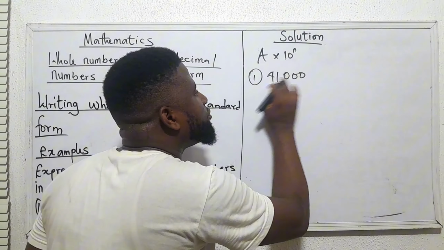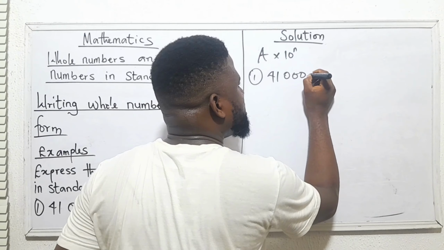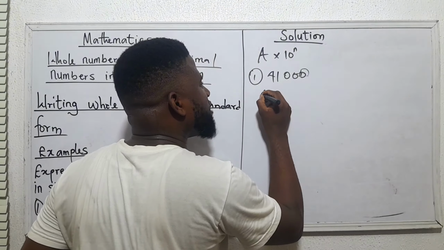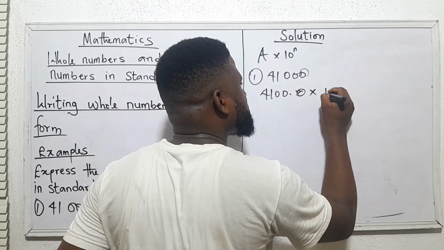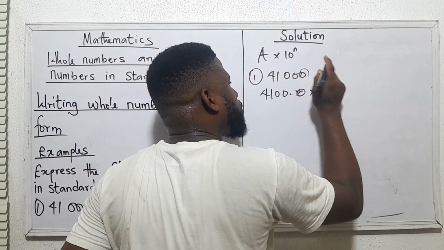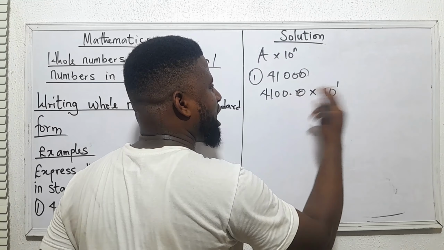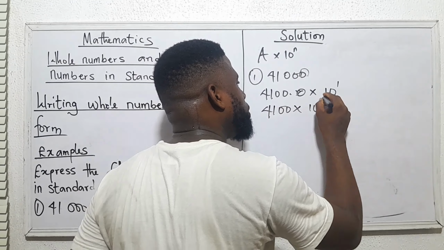Now, if I decide to divide 41,000 by 10, which means I shift the place of the decimal point backward one time, this will give me 4100.0 times 10 raised to power 1, since I shifted it one time. Of course, this 0 does not matter. It gives me 4100 times 10 raised to power 1.